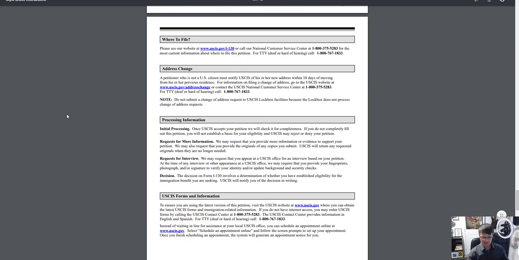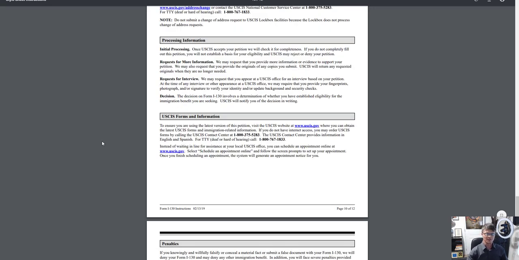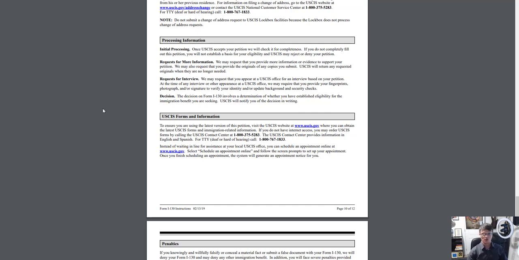Address change. In case you file the application and you do need to change your address, you can definitely do so at uscis.gov address change. Nothing crazy here. Now, processing information, initial processing. Once USCIS accepts your petition, we will check it for completeness. If you do not completely fill out this petition, like I said, you will not establish a basis for your eligibility. So make sure you fill it out.